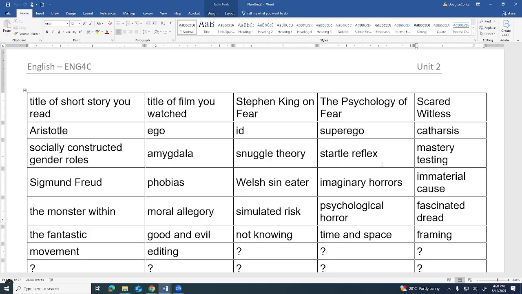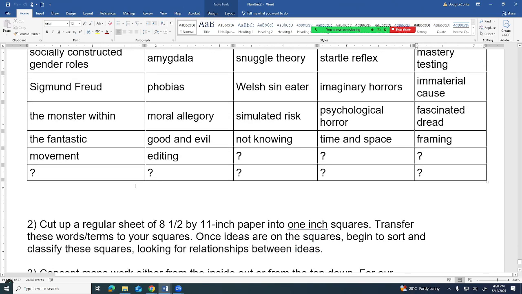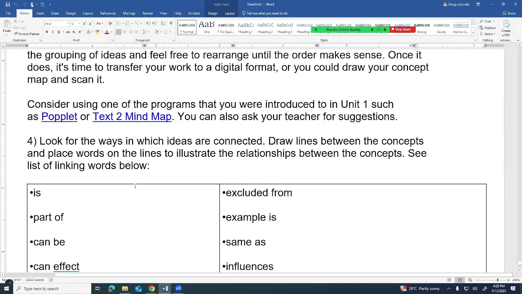Even snuggle theory refers to one idea, where some of these topic areas here are quite large. They contain lots of other ideas, abstract concepts, practical things as well.